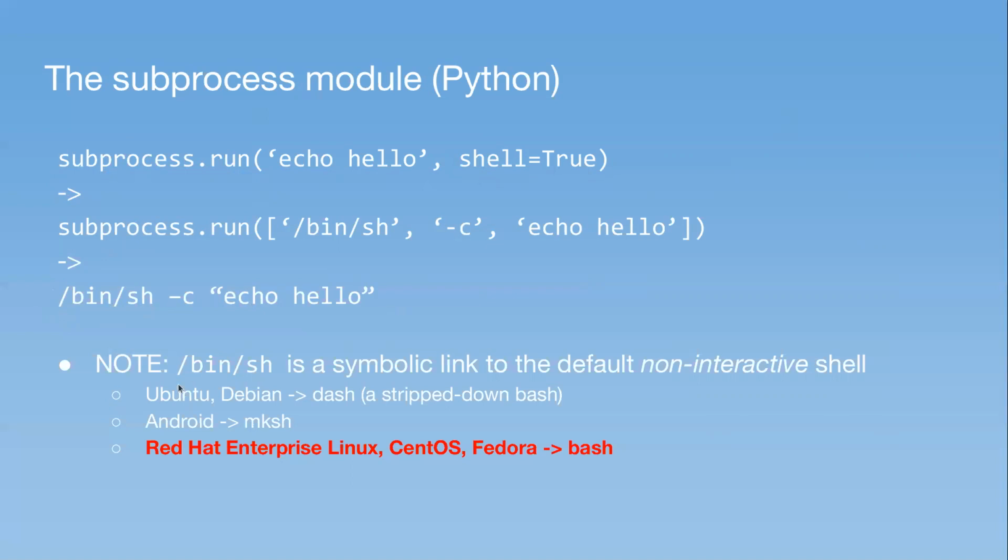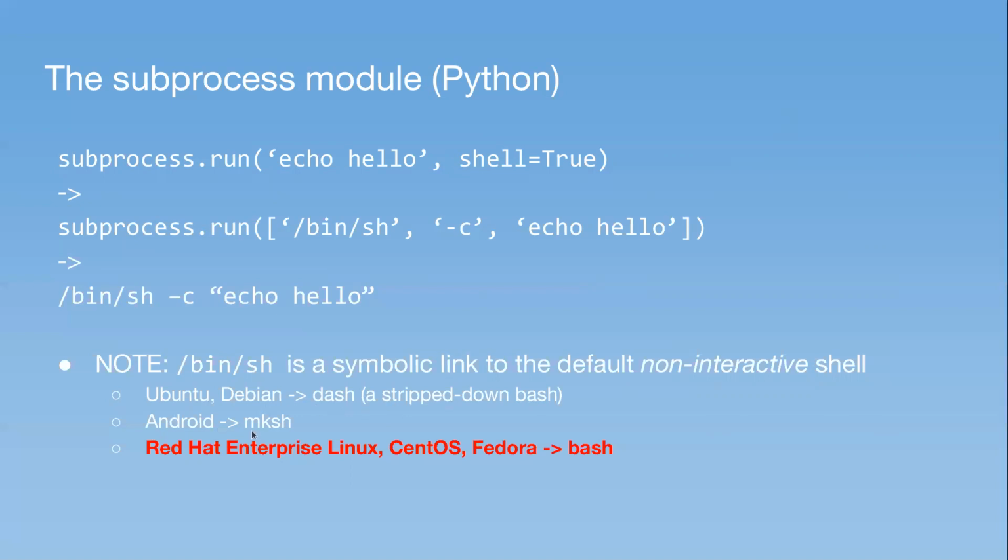Okay, now what is sh exactly? Because it's not always bash. It turns out that sh is a symbolic link to the default non-interactive shell on the system. So on Ubuntu and Debian, that default shell is something called dash, which is just a stripped down version of bash. But most importantly, it's not bash itself, it's dash.